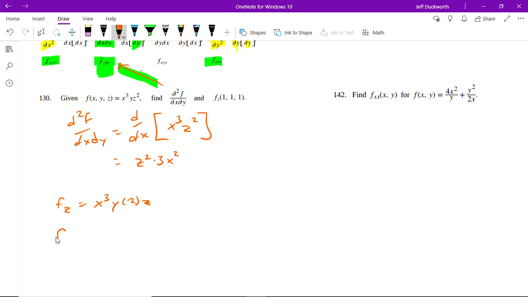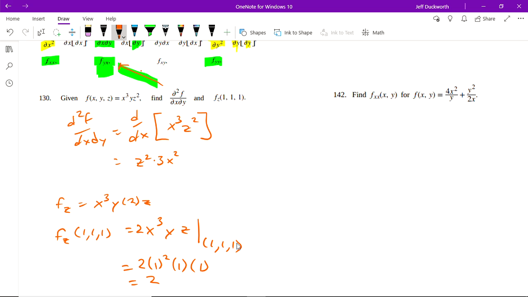We want to evaluate that at 1, 1, 1. So that's x cubed y, I guess we can put the 2 in front, and yz evaluated at the point 1, 1, 1. So that means 2 times 1 squared, because x is 1, times 1 because y is 1, and again times 1 because z is 1. And we have, well, just 2. So not too bad.